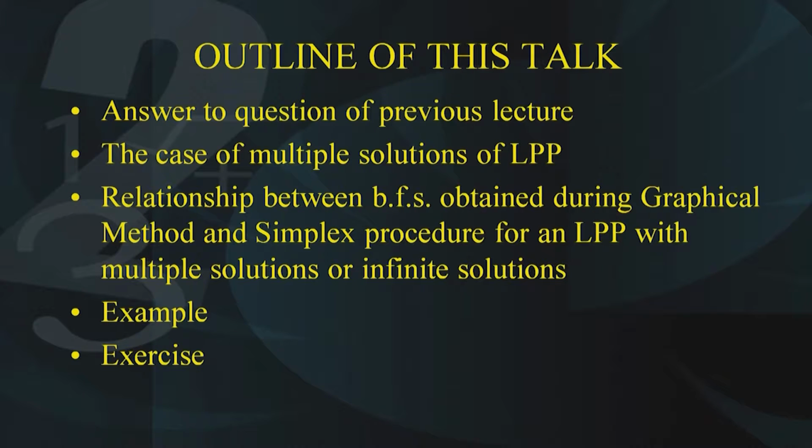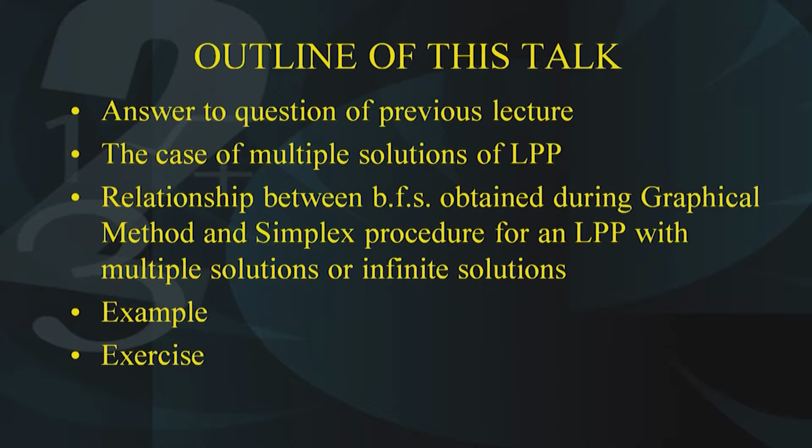So, the outline of today's talk is as follows. Firstly, I will answer the question that I had posed to you in lecture number 7, that is the previous lecture, and secondly we will discuss the case of multiple solutions of the linear programming problem.